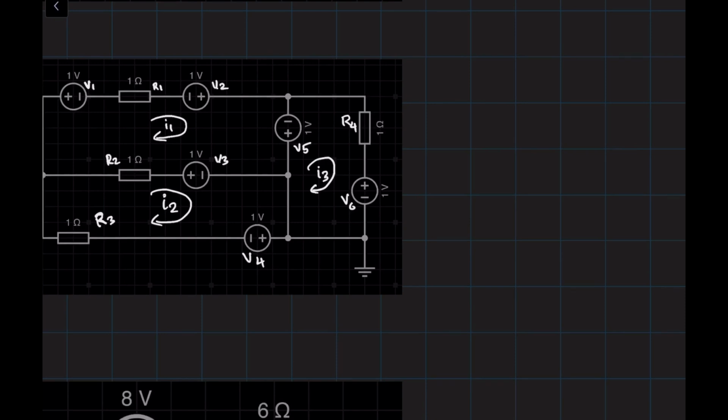Take loop number 1. When I move in the clockwise direction, I am seeing the positive end of the source, which means minus V1. If you move further, you can see another voltage source with its negative end, so plus V2. Moving further, another voltage source with negative end, so plus V3.